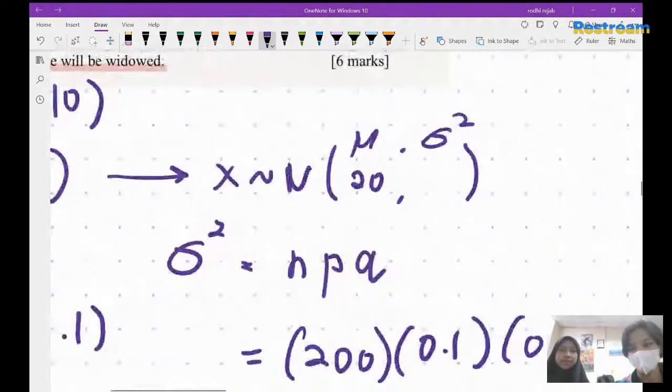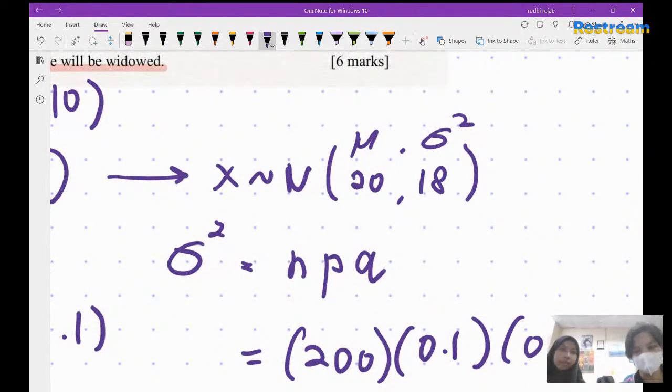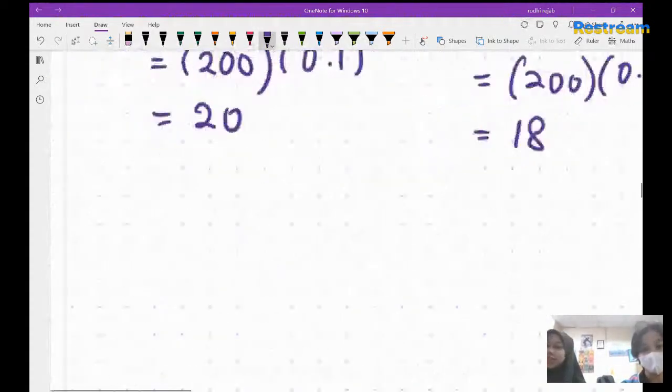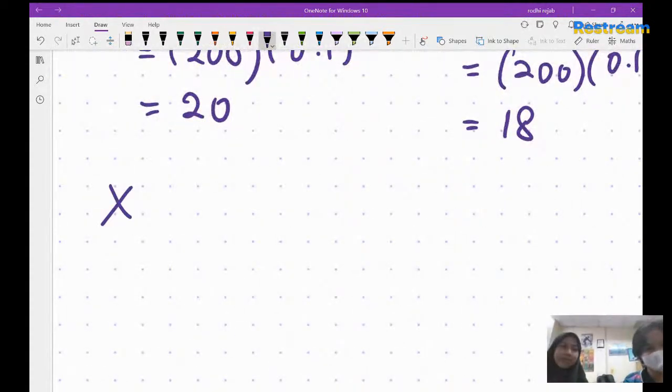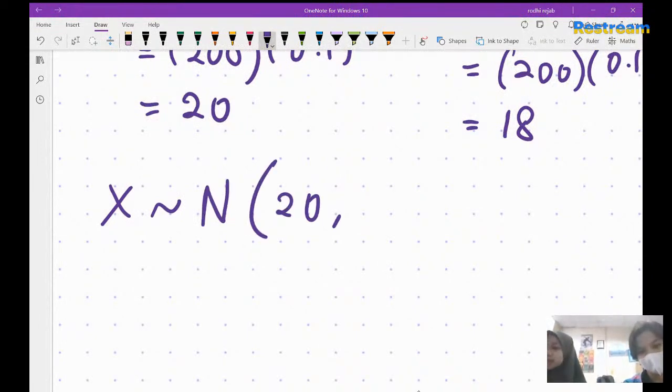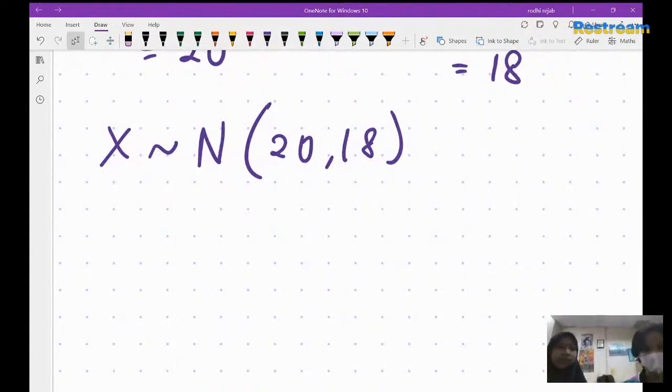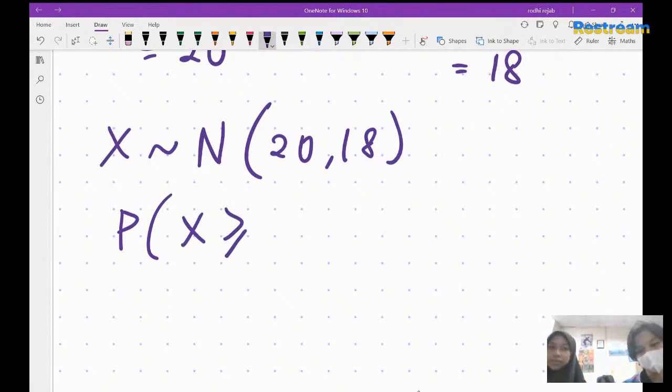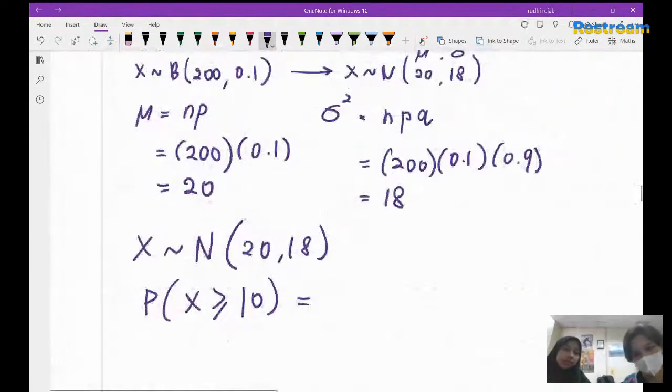So now we have the normal's mean and variance, 20 and 18. Remember back the question, the probability X is more than 10. Okay, here's the catch.